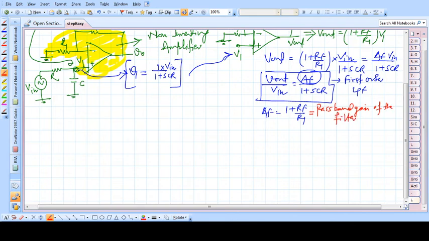And F is the input frequency, or simply the frequency of the input signal.